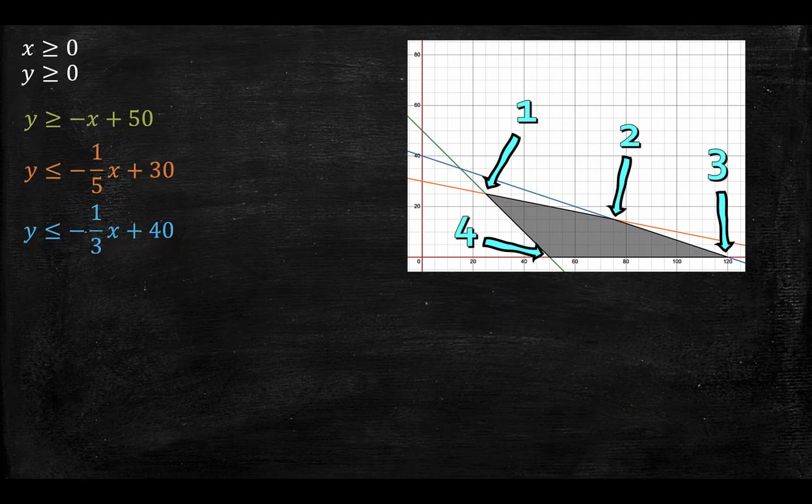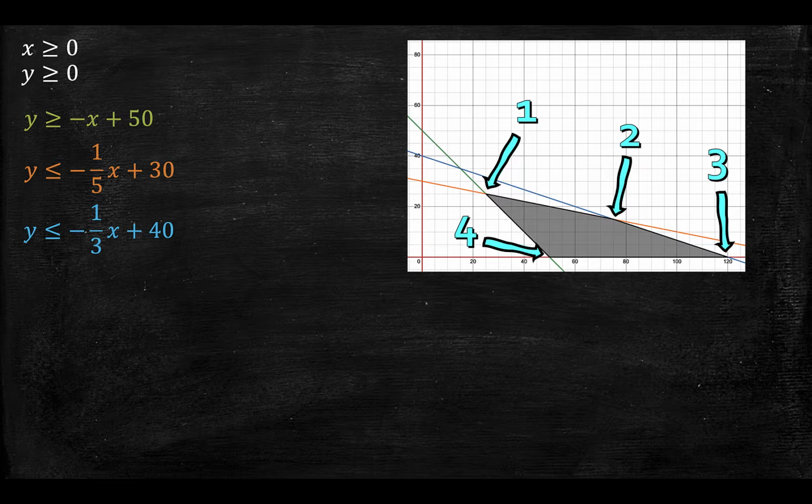So I did graph this using Desmos, but if we had to do this by hand, we wouldn't be able to just click on our lines or tap on our lines and find the intersection points. So how would we do this if we were making everything with pencil and paper? I need to find the coordinates for all 4 of those vertices, and they are all intersections of the lines that made up that system of inequalities.